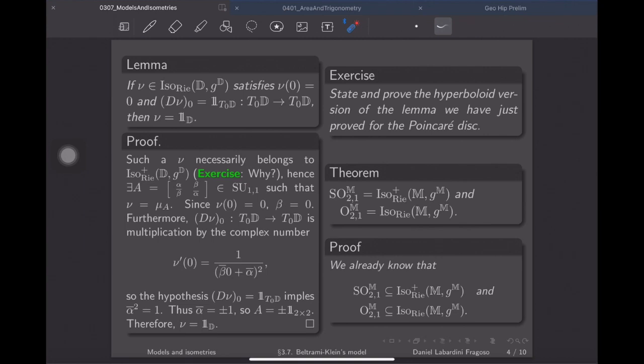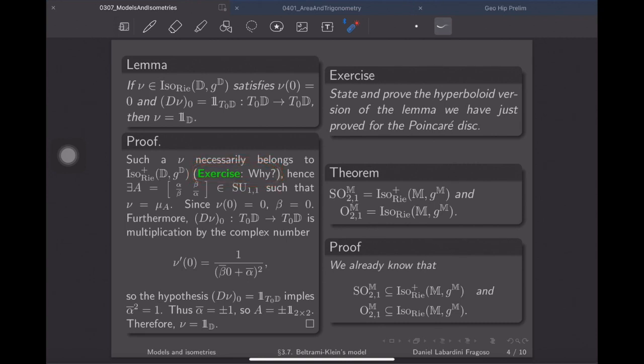Actually, any Riemannian isometry at the level of derivative either has positive determinant everywhere or negative determinant everywhere, but it cannot have positive determinant in some points and negative determinant in the other points. Right? And somehow that's the reason.